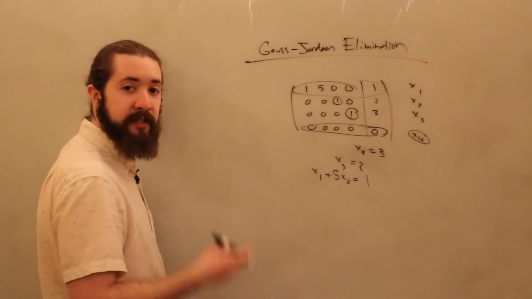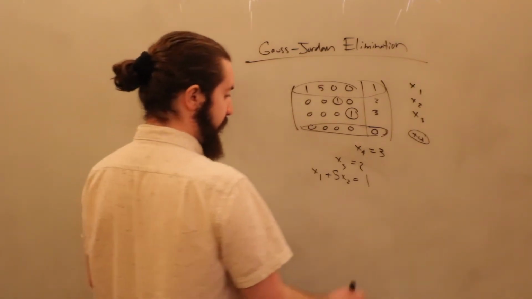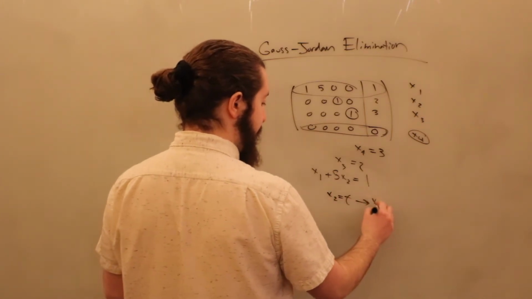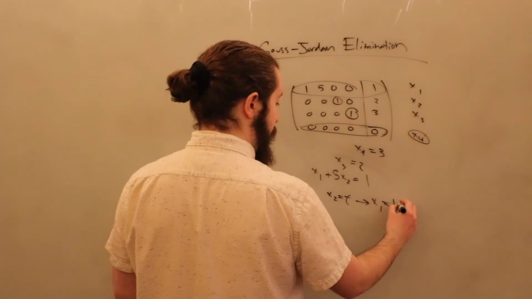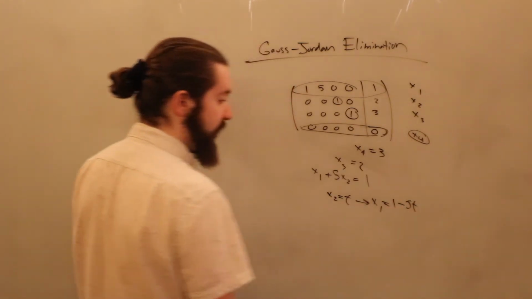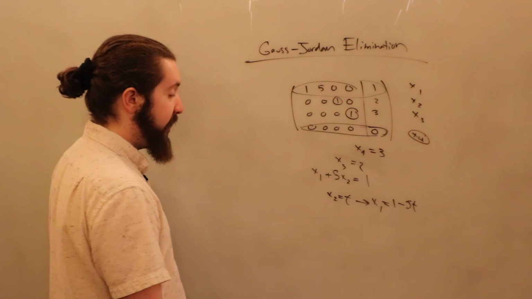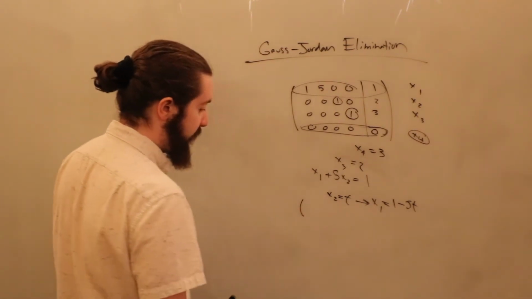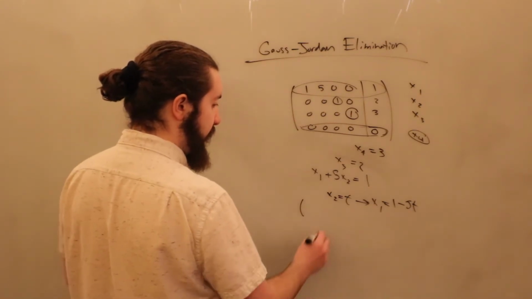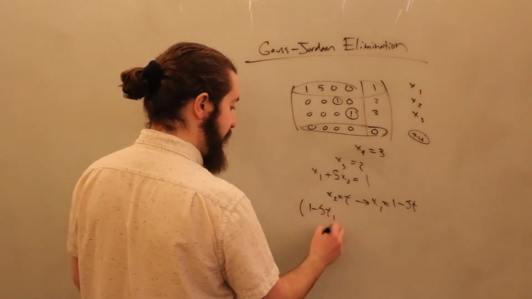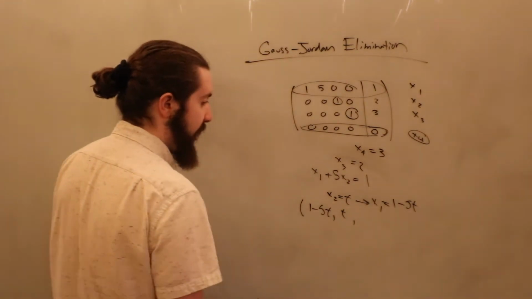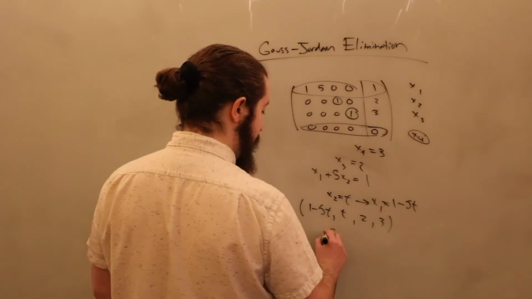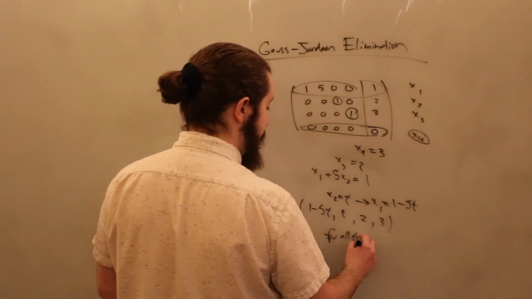So actually, we're going to need to introduce a parameter here. Let's call x2 equal to t, and then that would mean that x1 is equal to 1 minus 5t for any real number t. So what does our solution look like? Well, if we write it as a coordinate quadruple, x1 is equal to 1 minus 5t, x2 is equal to t, x3 is equal to 2, and x4 is equal to 3, for all t in the real numbers.